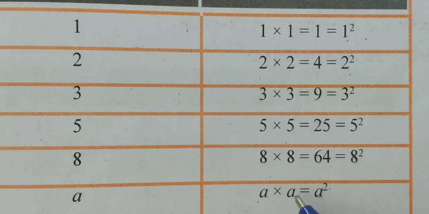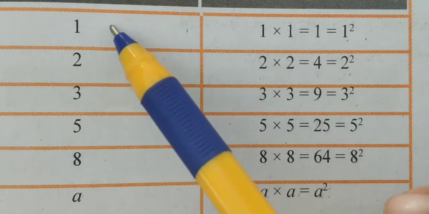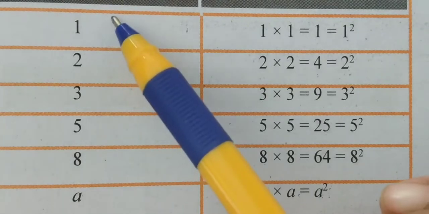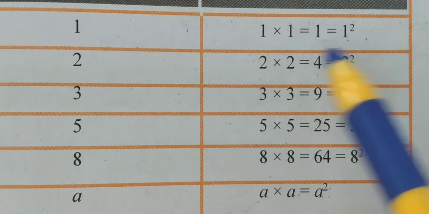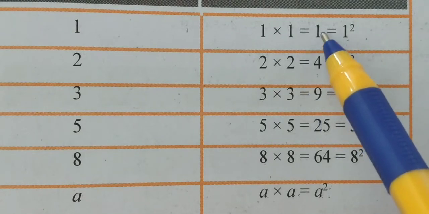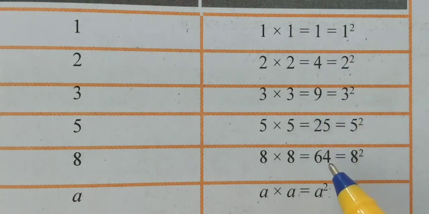Instead of y, if you take z, it's going to be z square, because the variables don't have fixed value, so you have to write it like this. Whereas in the case of constant numbers, if you square it, you have to multiply it twice, and whatever answer you get, that has to be written in place of the square form. Is that clear to you?